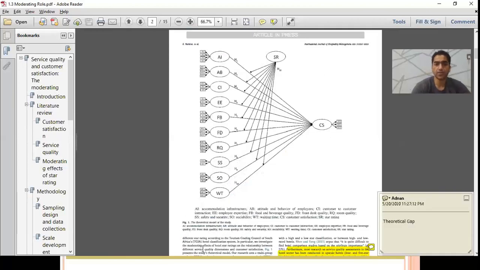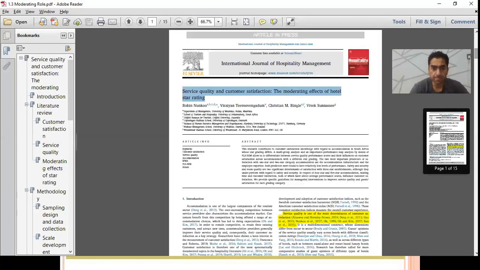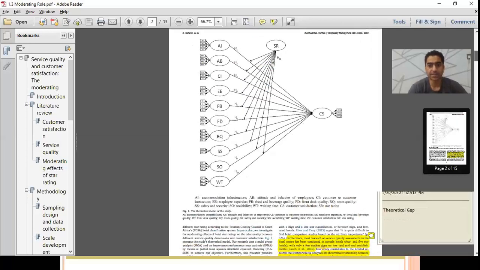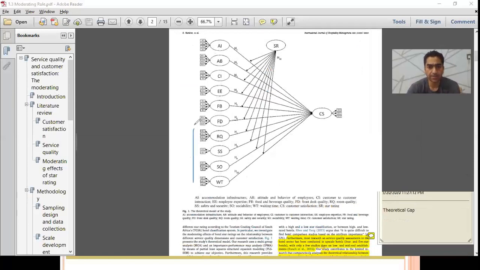So now here you can see it's about service quality. So all these variables are about service quality.